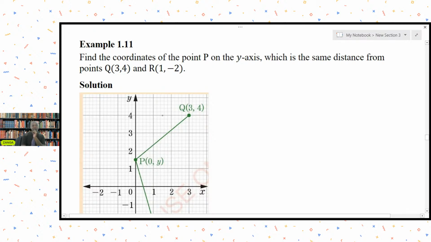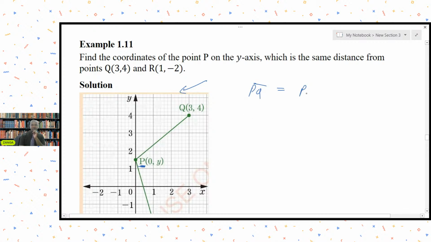So the most important part, you can sketch the real diagram where you can actually allocate the points as required from the question. With this question now, point P is such that the distance PQ is equal to distance PR.